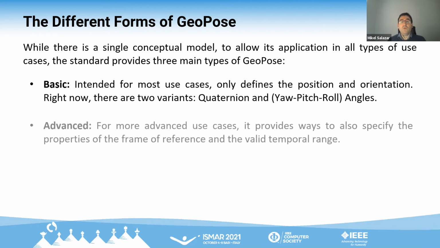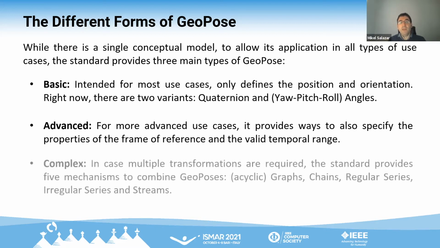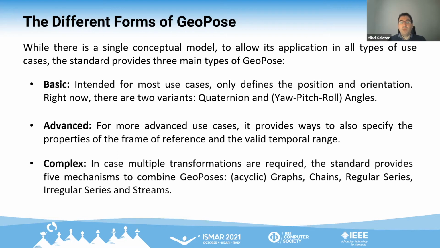But if you need to deal with additional frame transformations, the advanced form of the GeoPose provides multiple ways to specify the required parameters. And finally, the complex GeoPose forms are intended to help geospatial engineers address problems that require multiple transformations without the need of a scene graph that we graphic programmers usually take for granted.